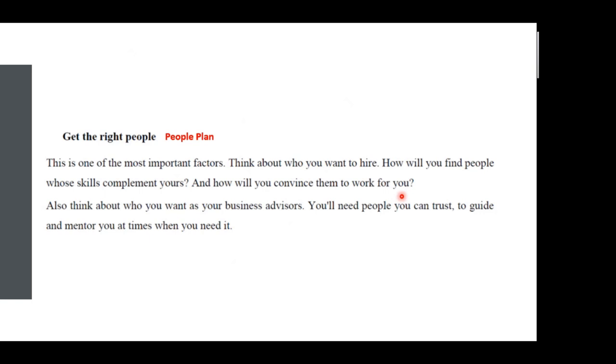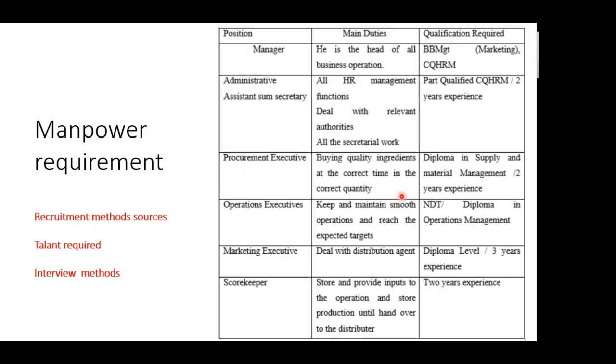So here's an example called the manpower requirement. So there you have to explain the recruitment methods and sources. How we are going to recruit them?